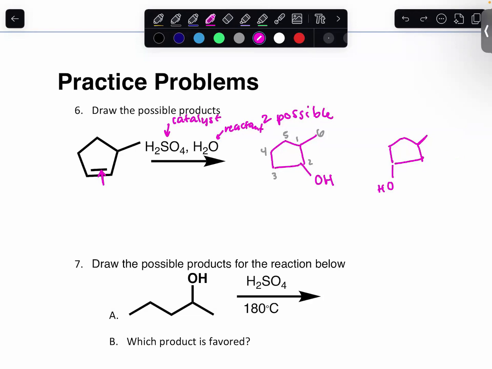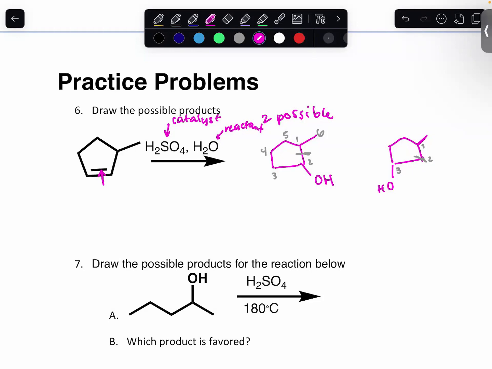So with the methyl group, we can see that there's one product where there is no carbon separating the methyl and the alcohol, or there's one carbon separating the methyl and the alcohol. So those are two unique products, because either they're connected in neighboring positions or they're connected by one carbon.